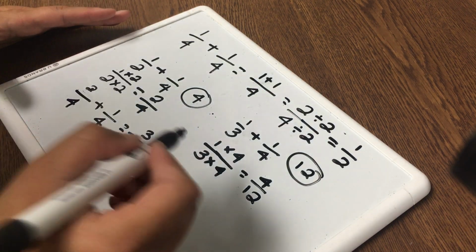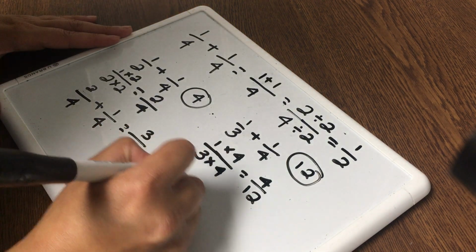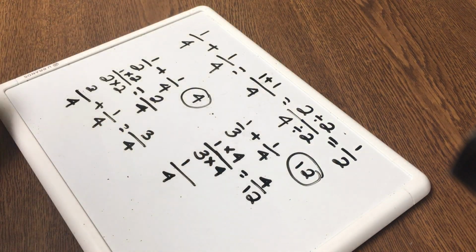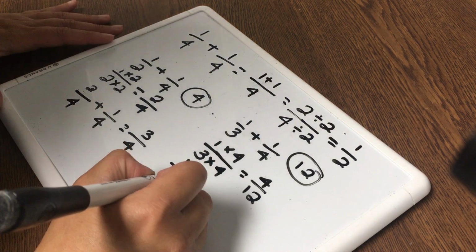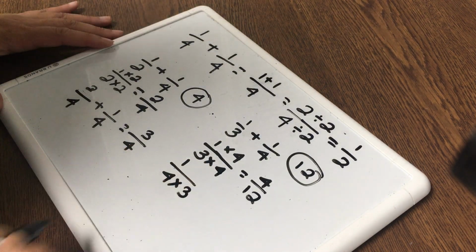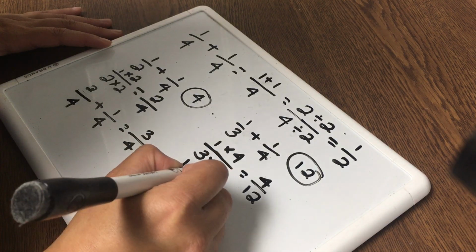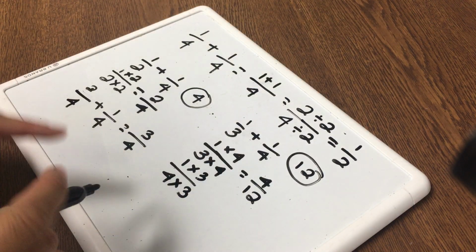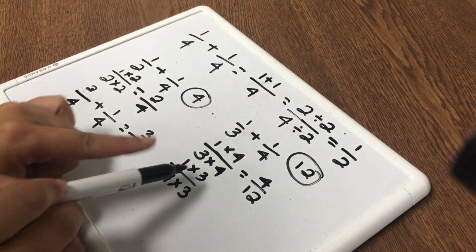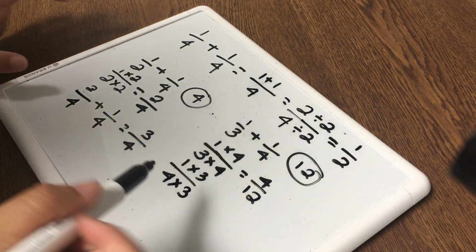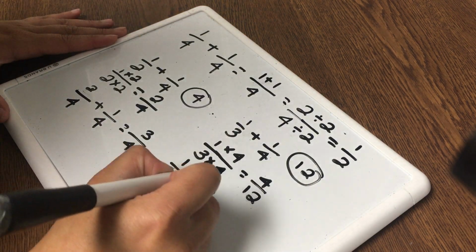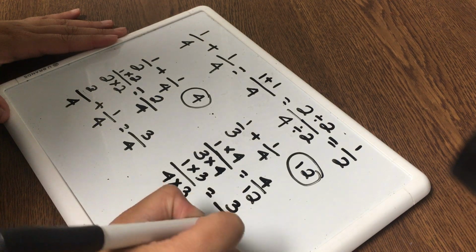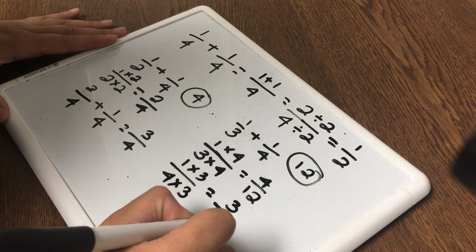How about 1/4? 4 times what will give you 12? 3. Since you're multiplying the bottom by 3, you also have to multiply the top by 3. So your answer would be 1 times 3 is 3 over 4 times 3 is 12.